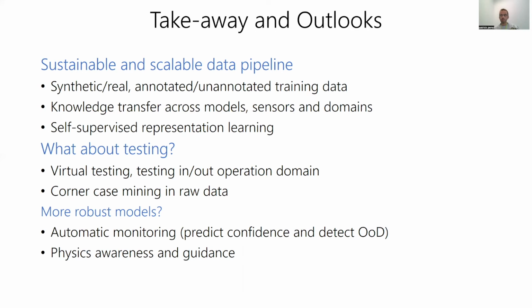One thing that I didn't mention: I was really focusing on training data, the data used to train machine learning models. But there is another part of the story which is very important for these driving systems, which is the actual testing. So it's validation testing, all the way to certification to be allowed to have them on the roads.